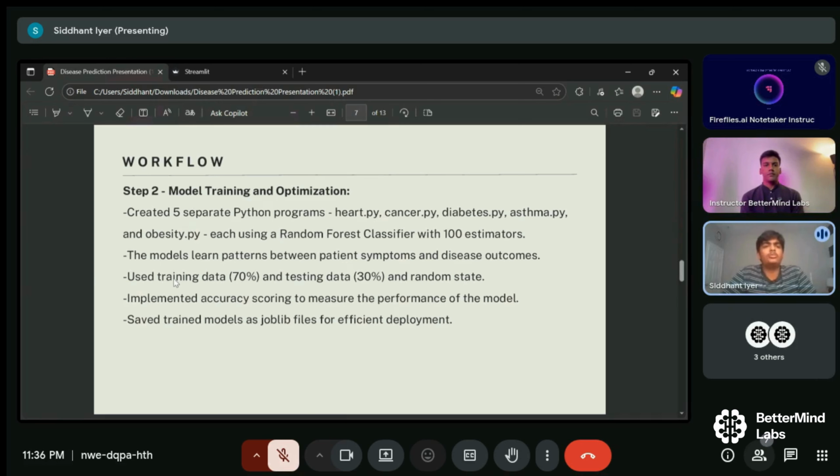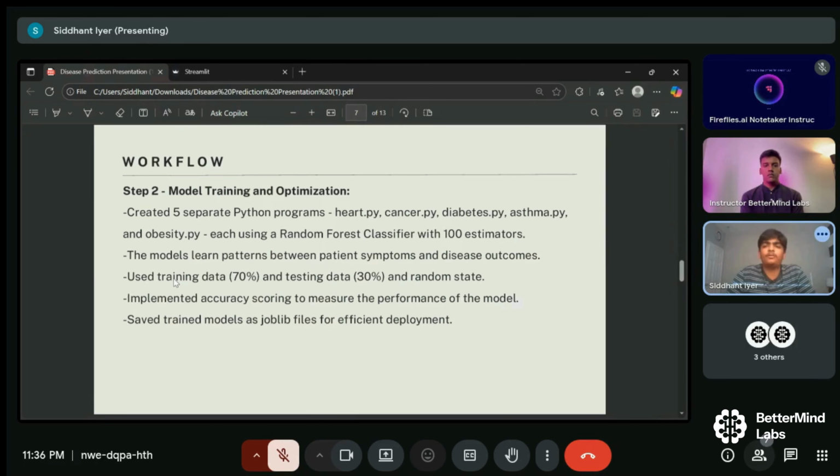In our second step, we trained our model using 5 different PY programs. So one for each chronic disease: heart, cancer, diabetes, asthma, and obesity. Each with a random forest classifier with 100 estimators. So we split our training data and our testing data with a 70% to 30% ratio for efficient training, and our accuracy was to measure the performance of the model.